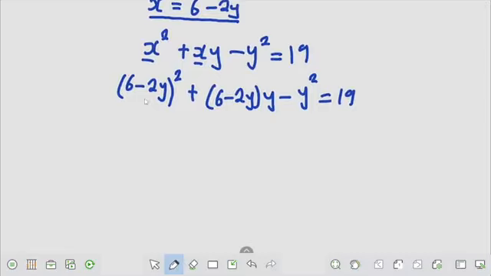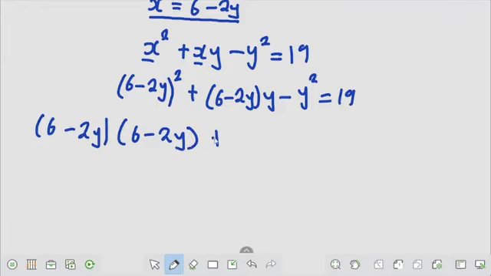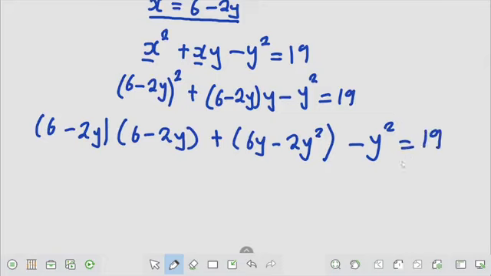6 minus 2y in brackets squared means that this was being multiplied by itself twice. So 6 minus 2y in brackets, again 6 minus 2y in brackets, then plus y times 6, this will be 6y, y times negative 2y, this will be negative 2y squared, then minus y squared is equal to 19.